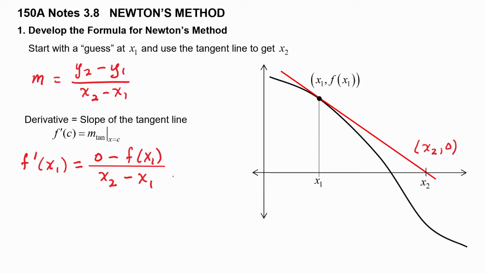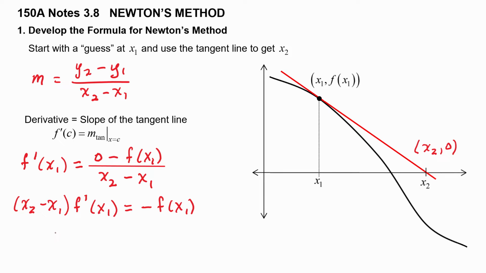To do that, I will cross multiply up, and we have quantity x2 minus x1 multiplying f prime of x1 equals negative f of x1 on the right hand side. Next, I will divide both sides by this f prime of x1.